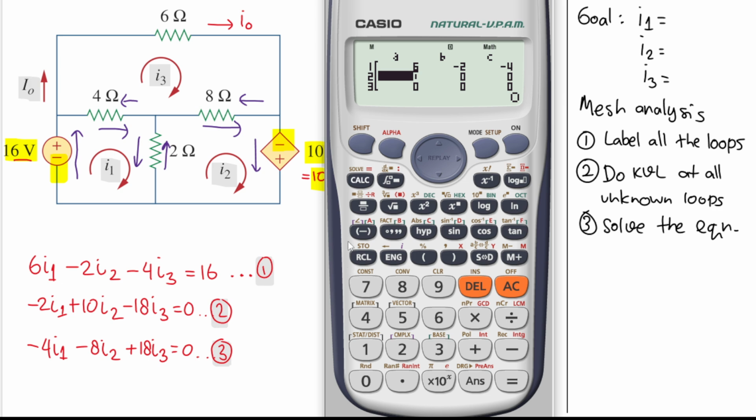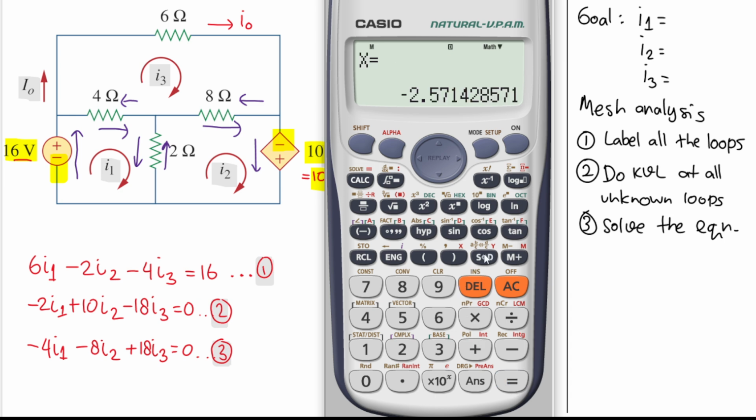The second equation will be minus 2, and then 10, and then minus 18, and then 0. And then this one will be minus 4, minus 8, and 18. And finally, we will have 0 here.